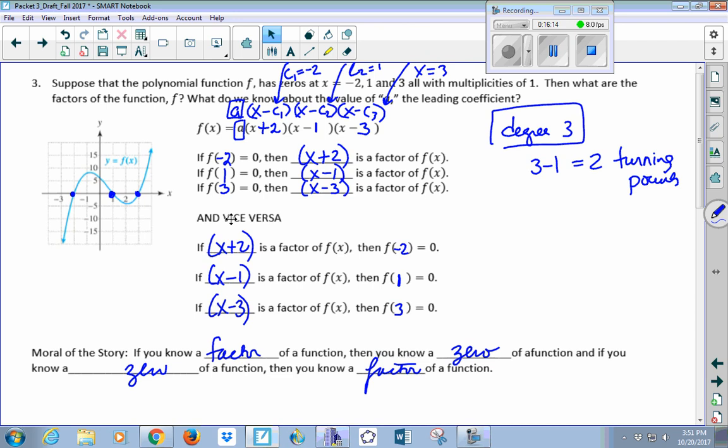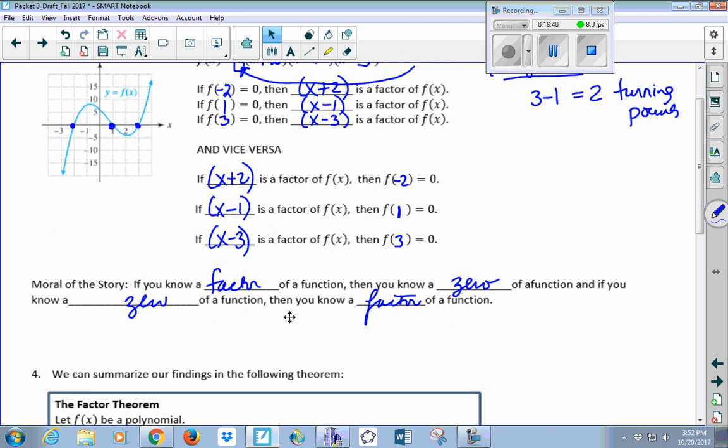So that's important information. It shows you how to relate what you used to call your x-intercepts, that you now know are the values of x that make your function equal to 0, to their factors. Once you have the factors and the multiplicities, your only job is to find the value for the leading coefficient, and you have your whole equation for your polynomial.